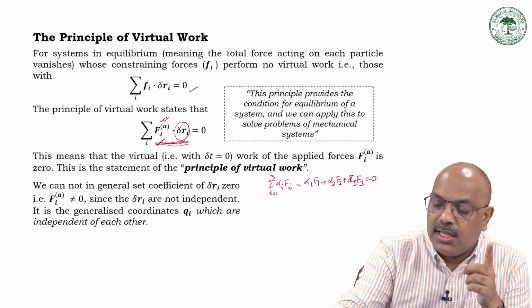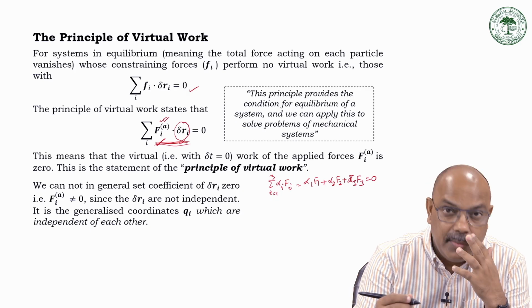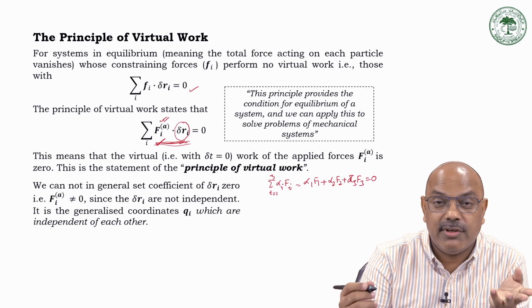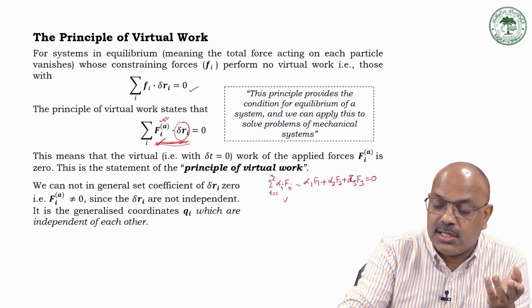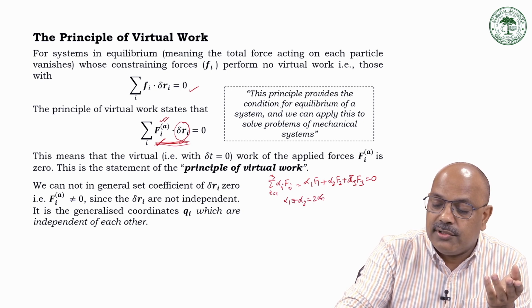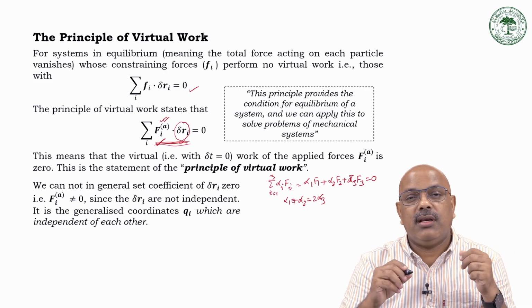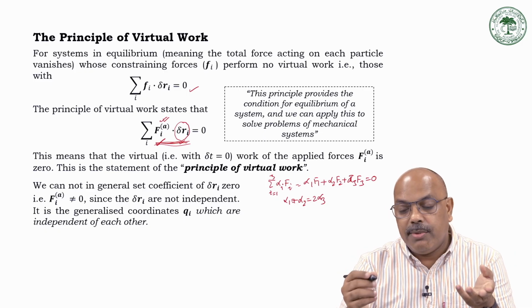But if these alphas are not independent, that is, alpha 1, alpha 2, alpha 3 are not independent, and there is some constraint, say alpha 1 plus alpha 2 is equal to 2 alpha 3, they are dependent.